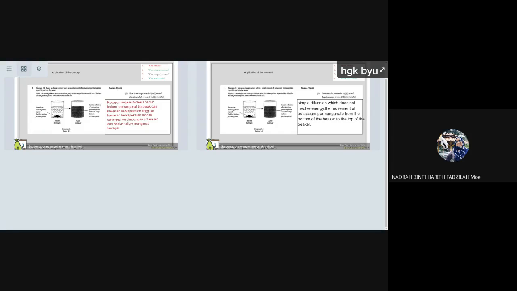Apa yang kita observe bila kita nampak dah mencapai dynamic equilibrium? Kita nampak seluruh beaker itu bertukar warna ikut warna potassium permanganate, which is sebenarnya purple, tapi sebab printed jadi hitam, so kita katalah hitam, tak ada masalah ya.